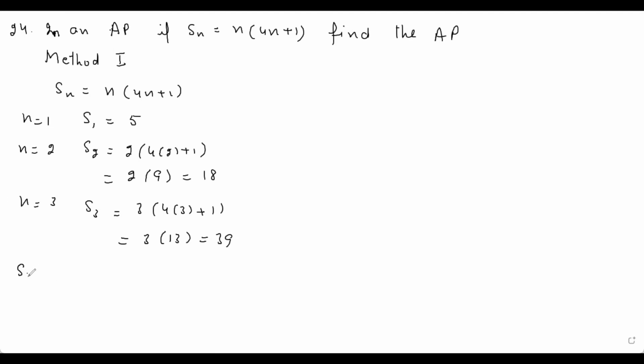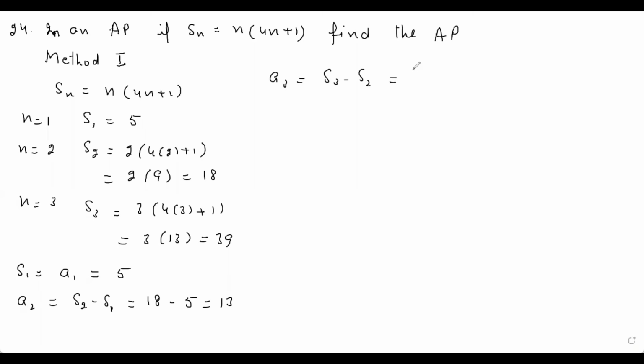So S1 is equal to A1 is equal to 5. We know that. And A2 is equal to S2 minus S1. That is 18 minus 5. That is 13. A3 is equal to S3 minus S2.